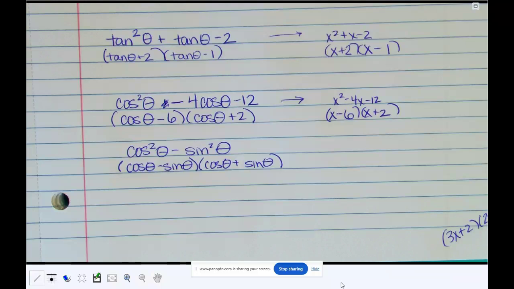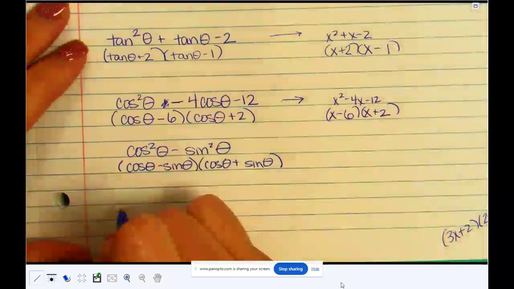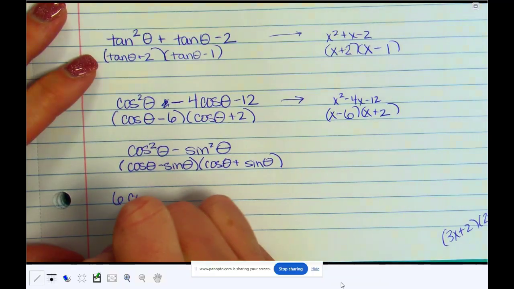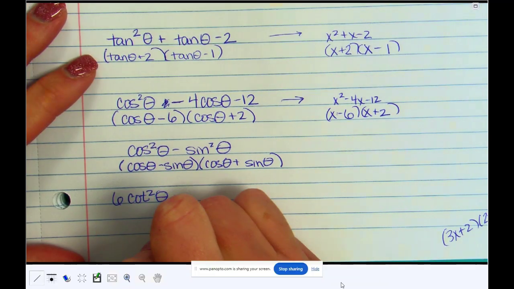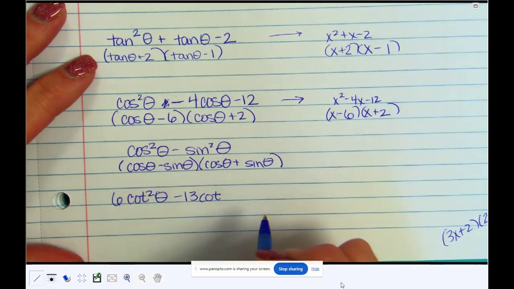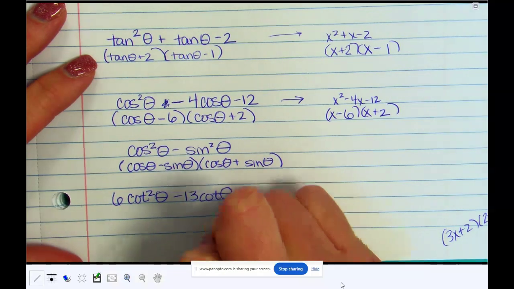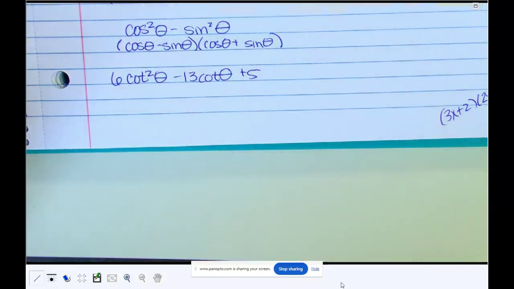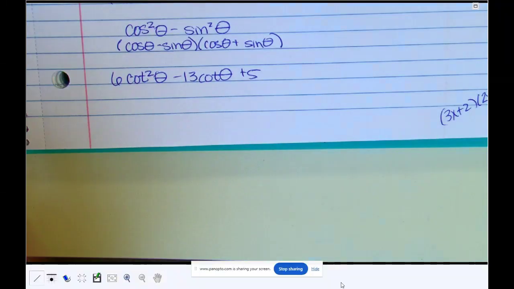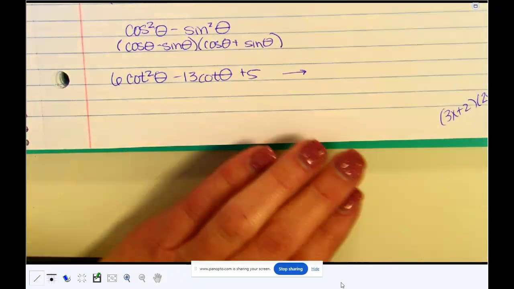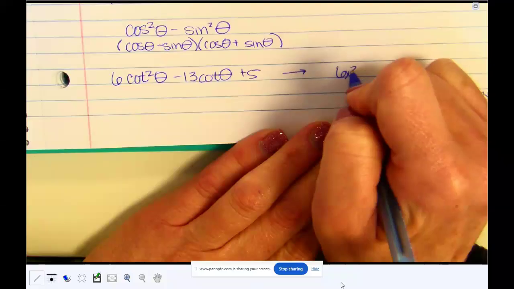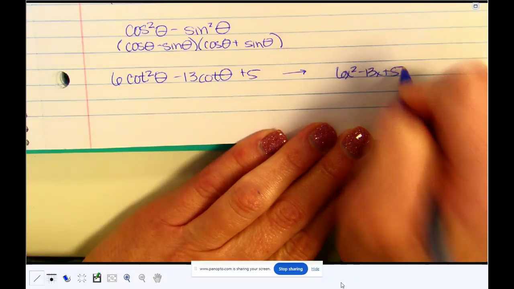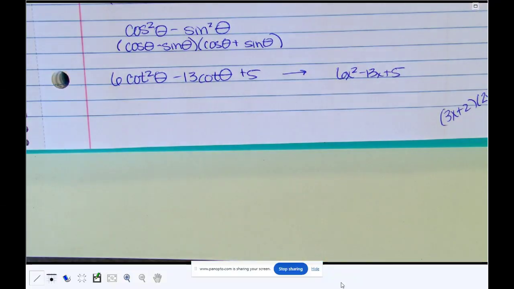Okay, let's try this one. I don't want to spend a ton more time on this. Let's say we've got 6 cotangent squared minus 13 cotangent, sorry, plus 5. Okay, if it was me, I'd be rewriting this as 6x squared minus 13x plus 5 until you are comfortable doing it the other way.